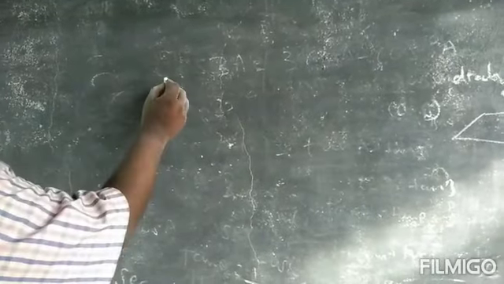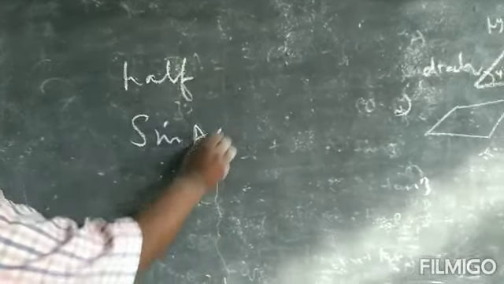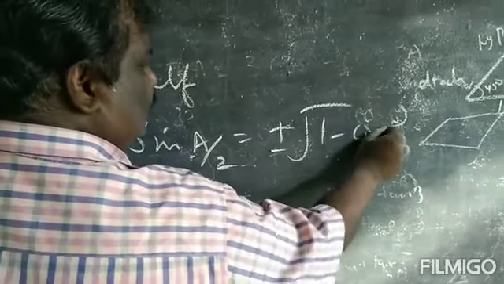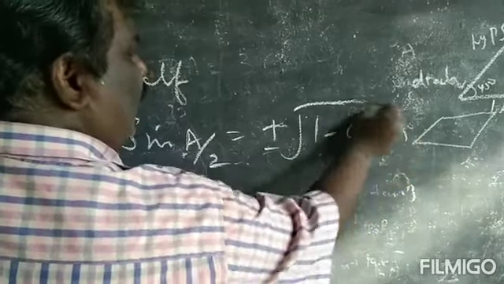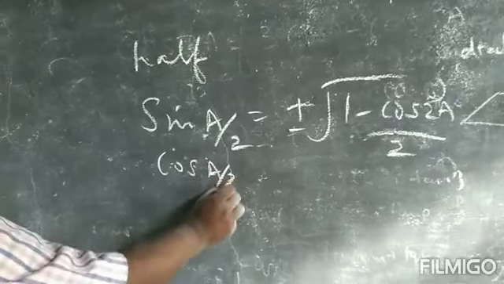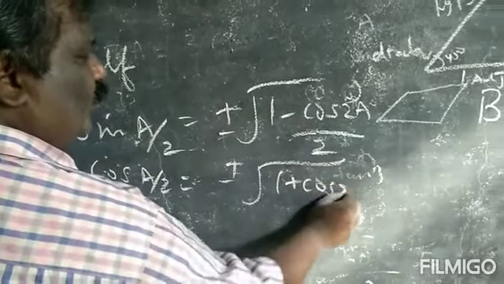So double angle means double angle, and half angle is nothing but a by 2. Sin a by 2 is equal to plus or minus square root of 1 minus cos 2a by 2. Cos a by 2 is equal to plus or minus square root of 1 plus cos 2a by 2.